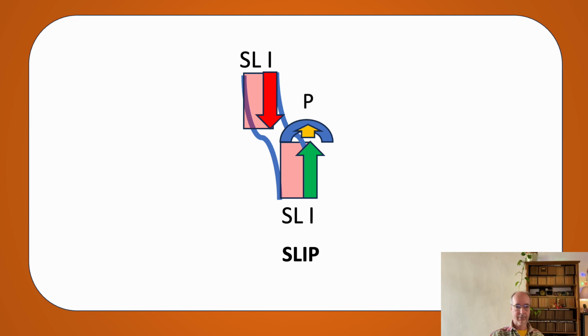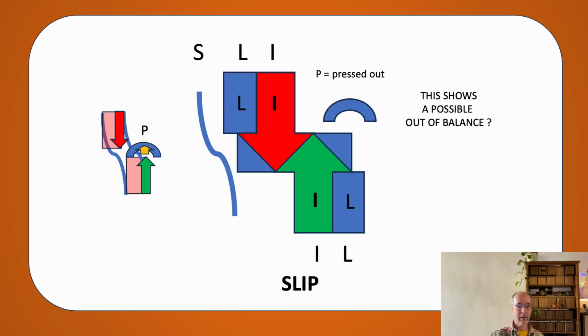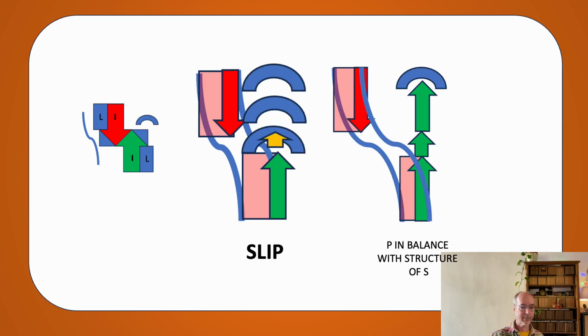You see here the pressing out, where does it have to go to? Will it be out of balance? Let's try to make it into a balance. The P of the pressing out of a process will go all the way. So that's already something that we know.